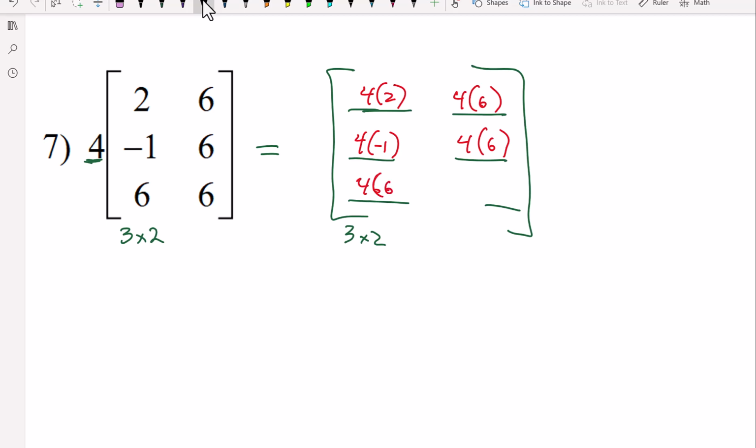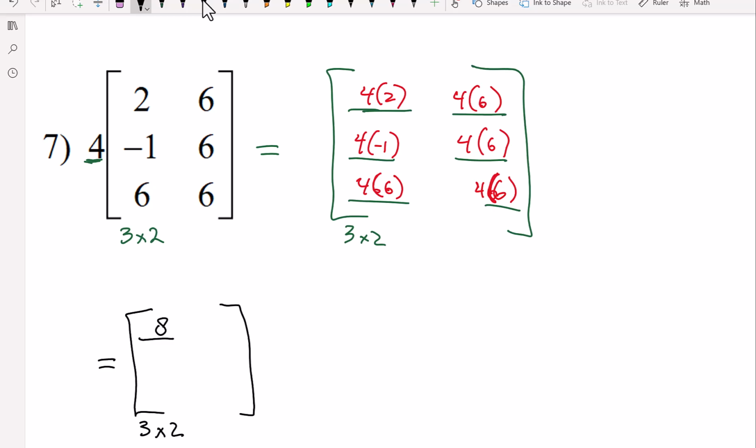I'm going to get sick of saying 4 times 6. I'm combining the parentheses with the 6. All right. So the product will be a 3 by 2, 3 rows by 2 columns.